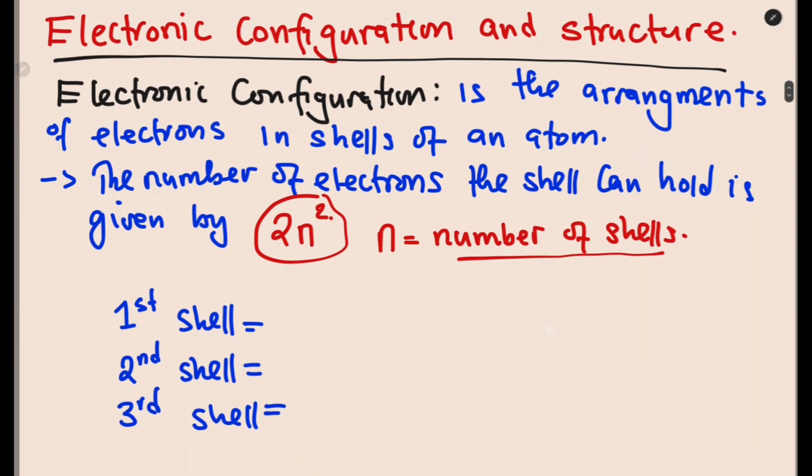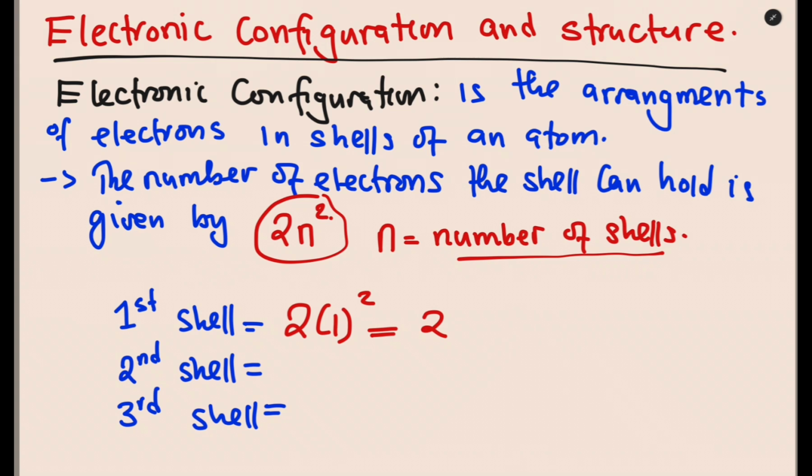For example, in the first shell, that is shell number 1, n is 1 squared. I deal with this part first. 1 squared is 1, and 2 multiplied by 1 gives you 2. So in the first shell, you should have a maximum of 2 electrons and not beyond that.